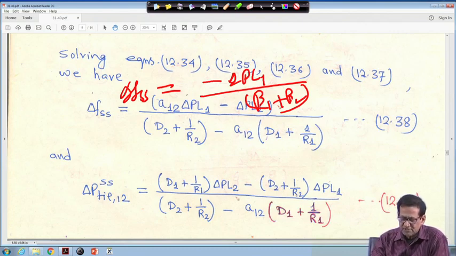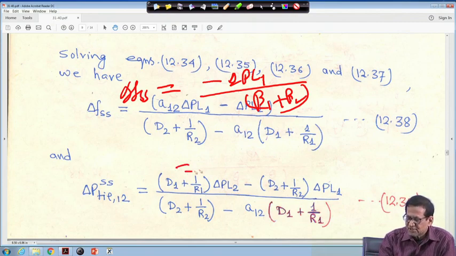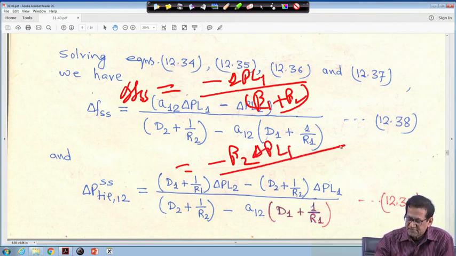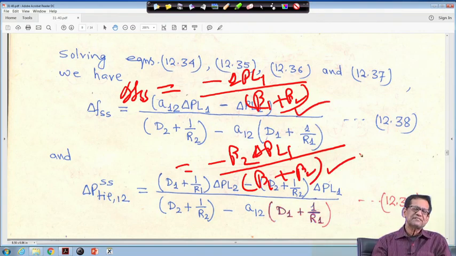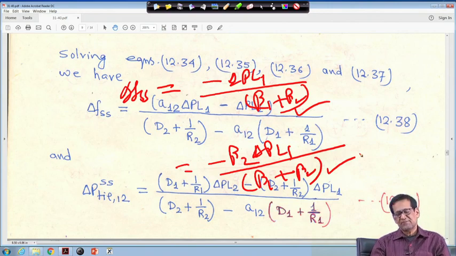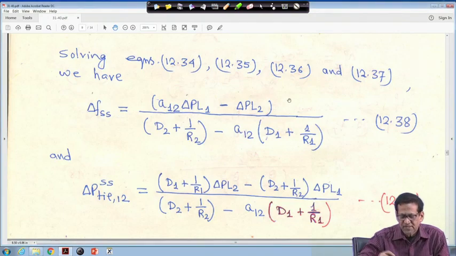Similarly, for this one also, if delta PL2 is 0, then this one will be minus beta 2 delta PL1 divided by beta 1 plus beta 2. So, in both the cases the denominator is the same, when we take the area capacity ratio the same. So, next we will move on.